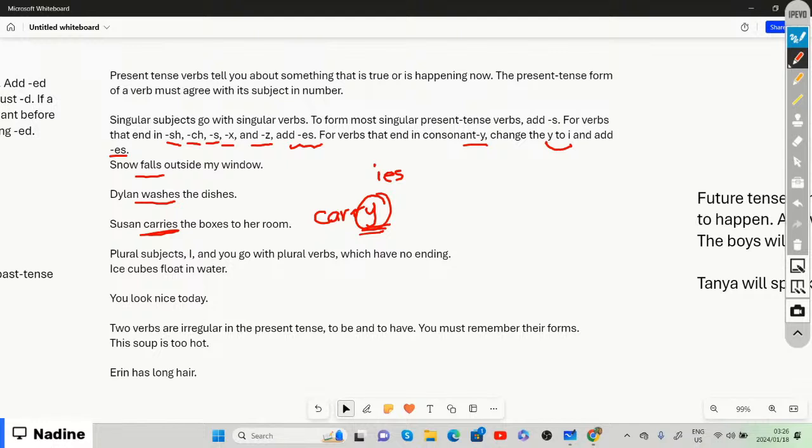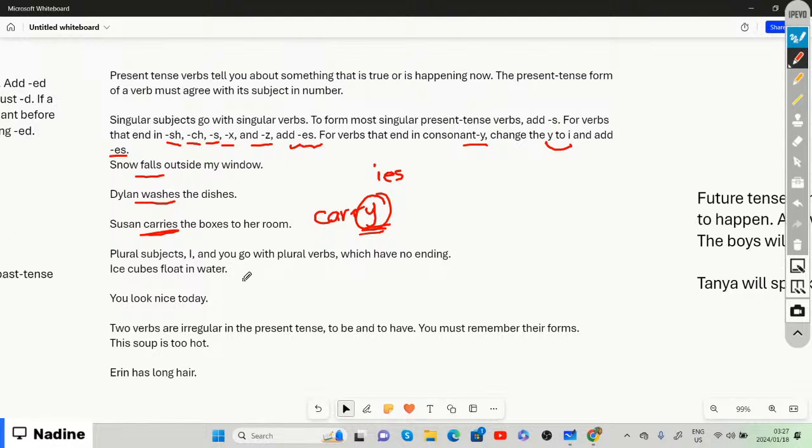For example, we are doing the chapter of simple verb tenses. So the subject of simple verb tenses. All right, so we said a plural subject, which is I and you, they go with plural verbs, and that has no ending, right?